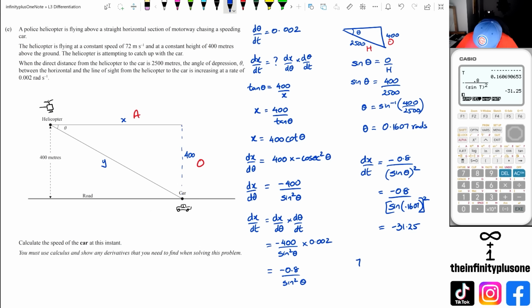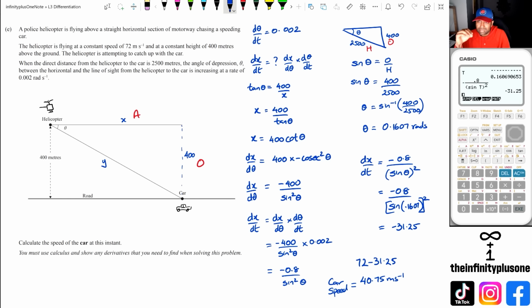So if you do 72 minus 31.25, you end up with 40.75 meters per second. So car speed equals 40.75 meters per second.